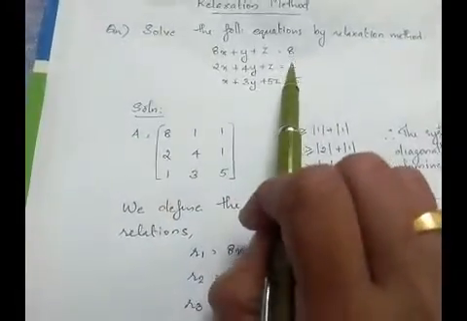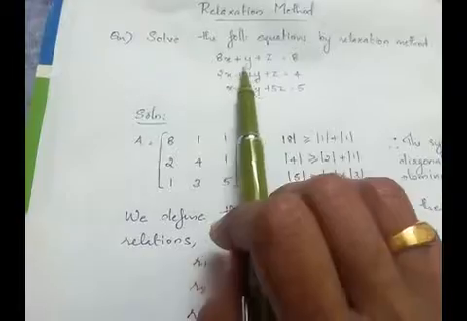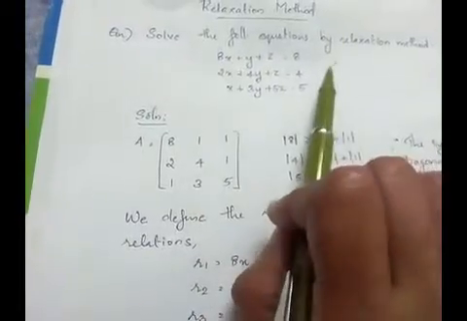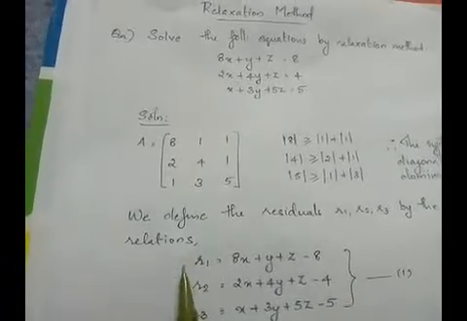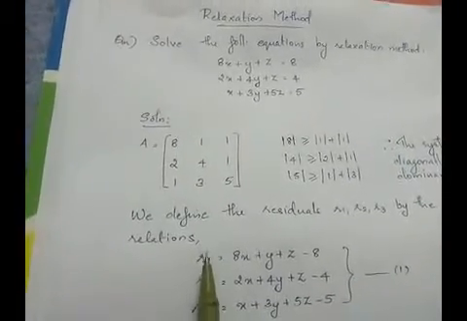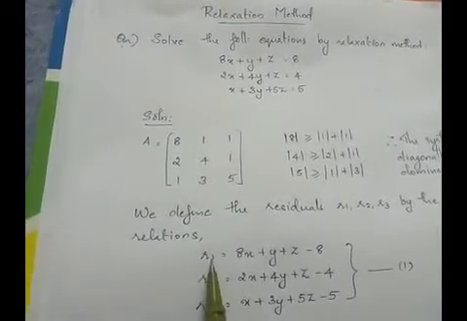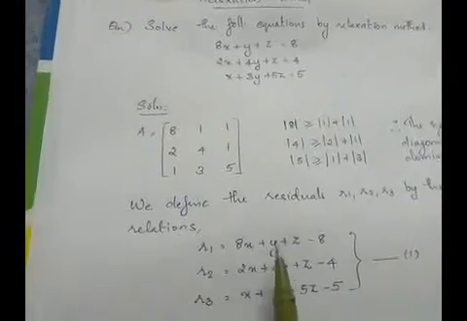That is, either you move this constant to the left side, or move these three variables to the right side. Any way you can do, but you have to write the residuals such that on one side the residual variable is represented, and on the other side all the other values are given.